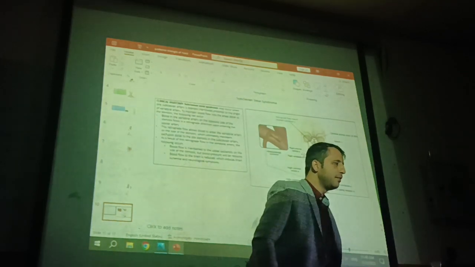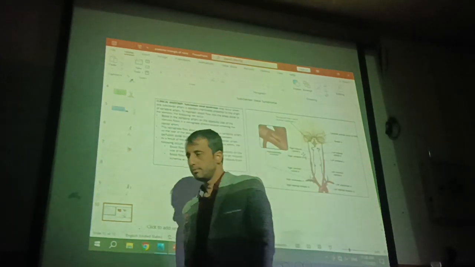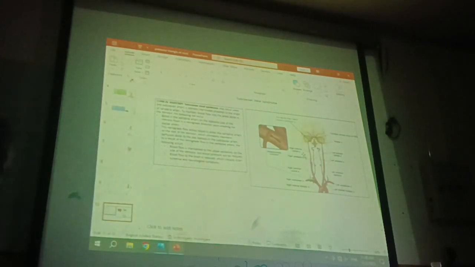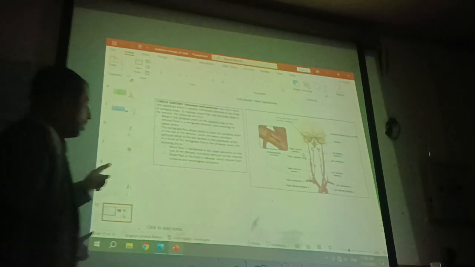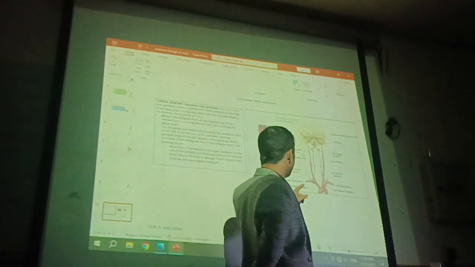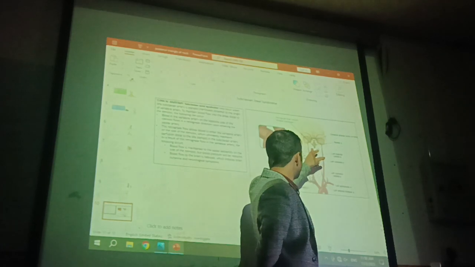What is subclavian steal syndrome? When the subclavian artery is very narrow, okay, a branch of it is this branch. What is this branch?